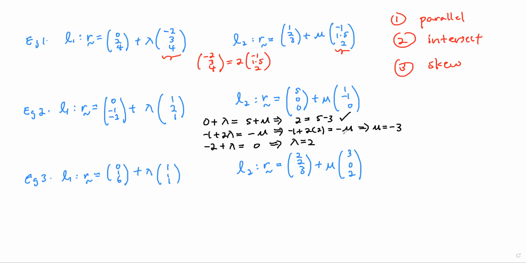If you want to find the point of intersection, you can substitute either lambda equals 2 into equation 1, or mu equals negative 3 into equation 2. Let me substitute lambda equals 2 into equation 1.